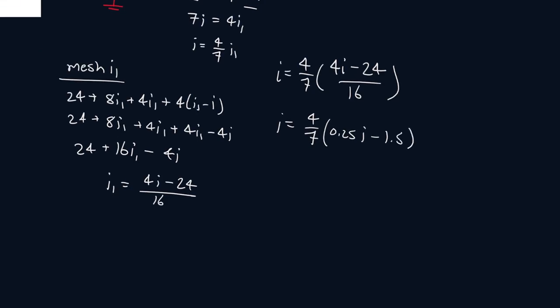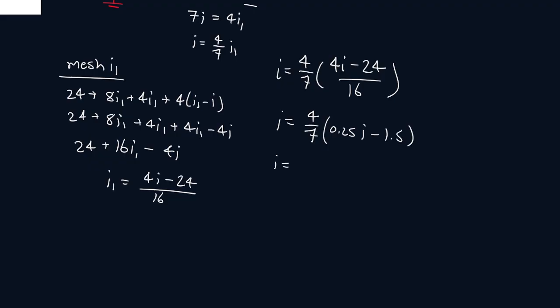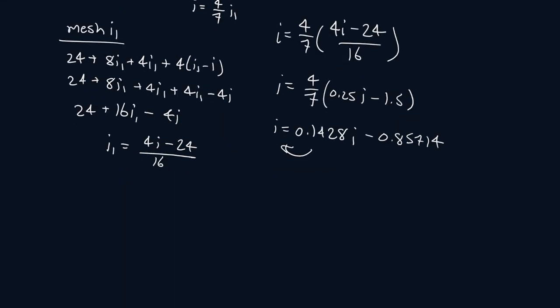And then times everything by 4 over 7. So that's 0.1428 I minus 1.5 times 4 over 7. That's minus 0.85714.